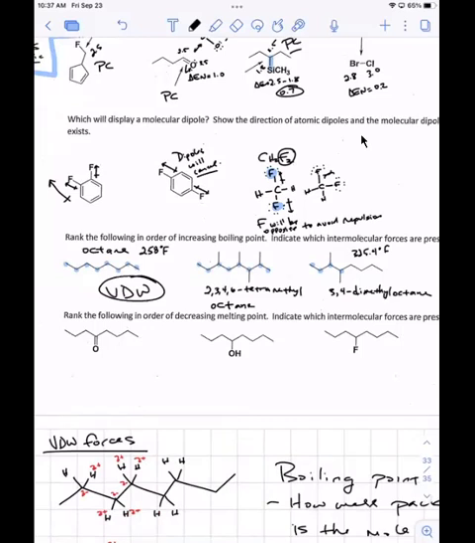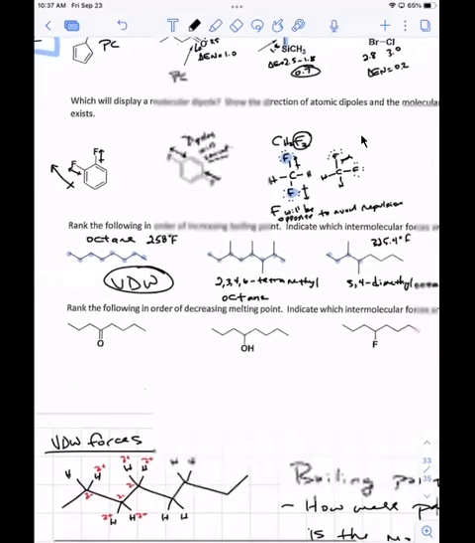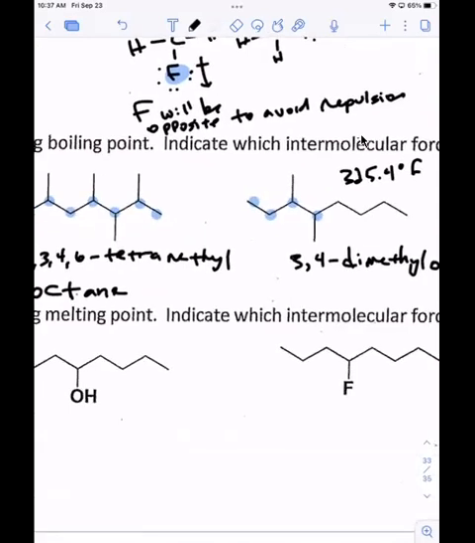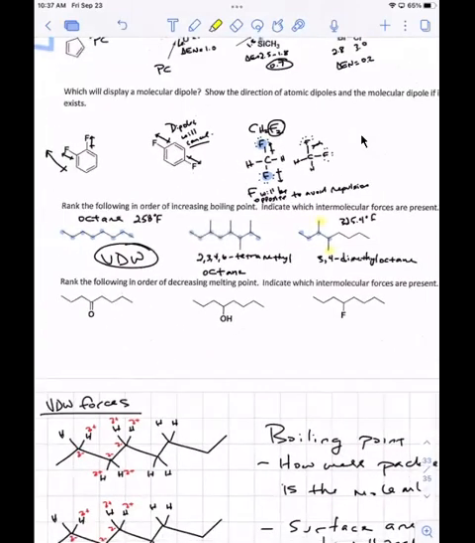What's the difference? The methyl group. I mean, the branches. Yeah, you're right. The methyl groups here and here.